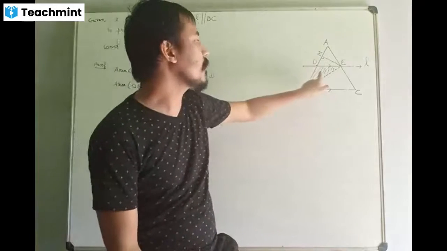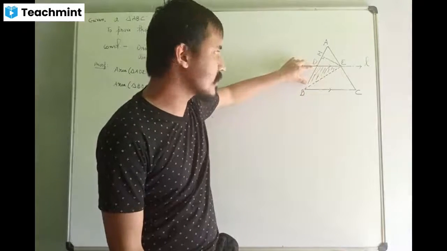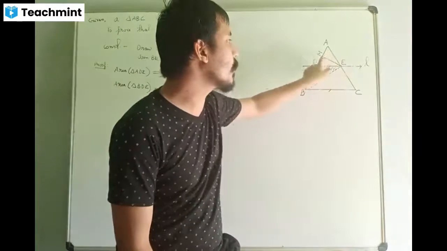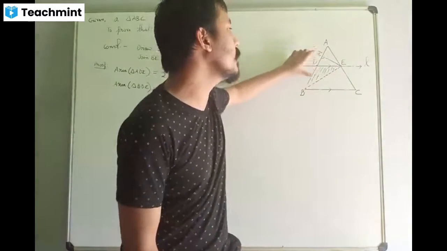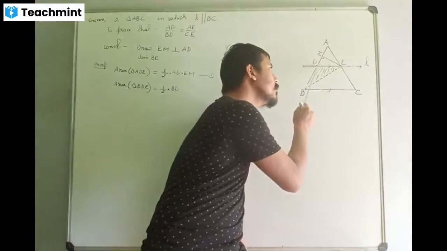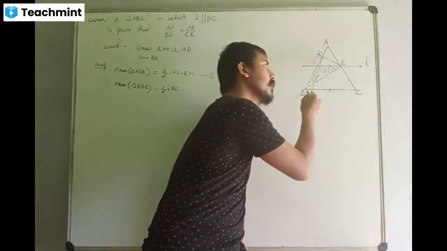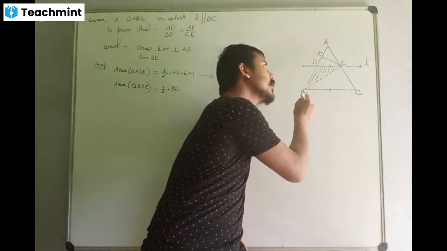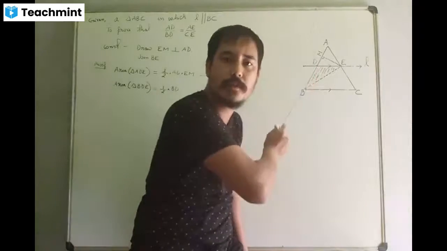Now, if you have chosen BD as the base, then we can see a line which is perpendicular to the side BD produced. You produce BD. Then you can see a line EM which is perpendicular to BD produced.